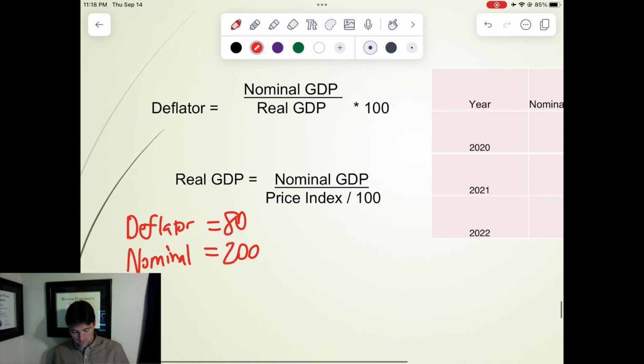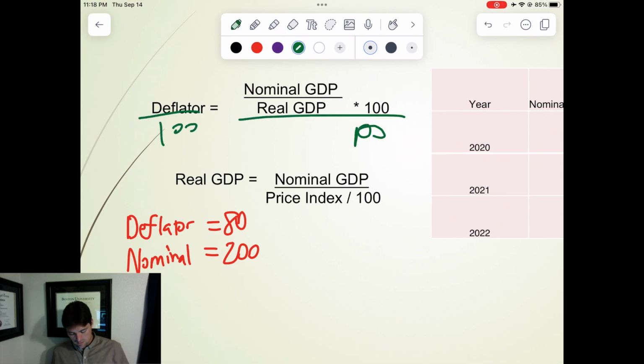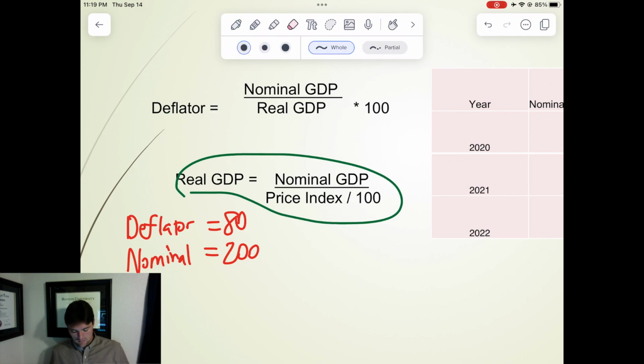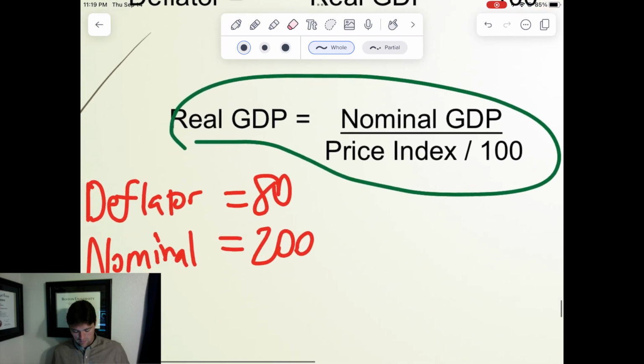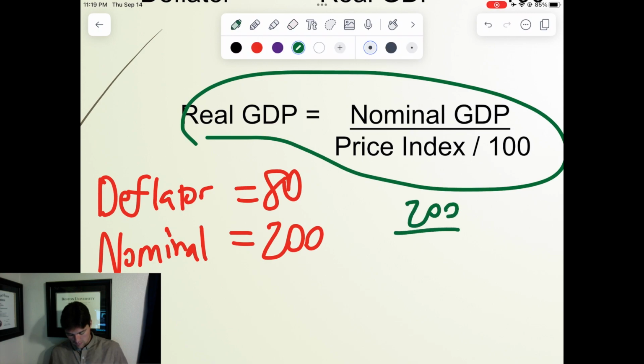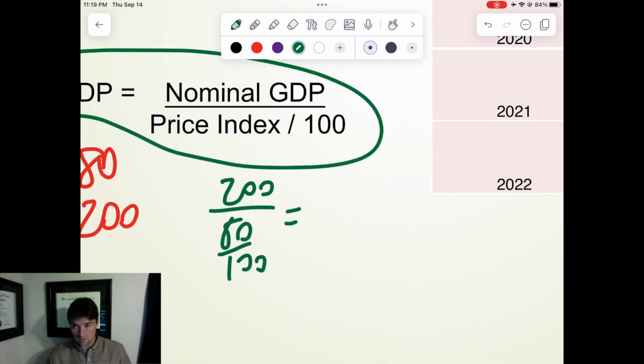All we did was move this around: we divided by 100 and multiplied by the real. All right, and so the real GDP in this case should be 200 divided by 80 divided by 100, so that should equal 250.